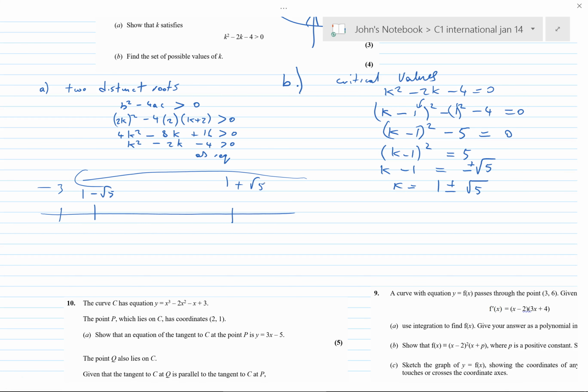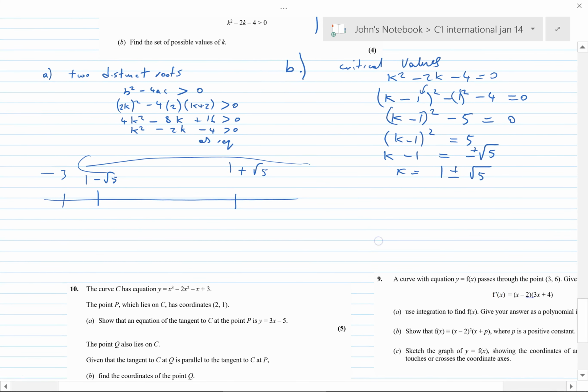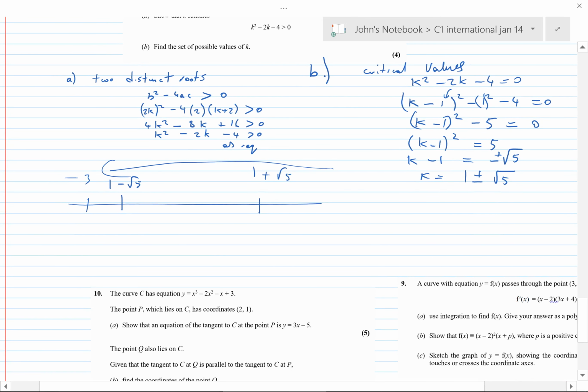Okay, so looking at this, if we find where the values are in the bracket, if we put a number like minus 3 into this expression, we'll find it's positive, because minus 3 squared minus 2 times minus 3 minus 4 is equal to 9 plus 6 minus 4, which is positive.